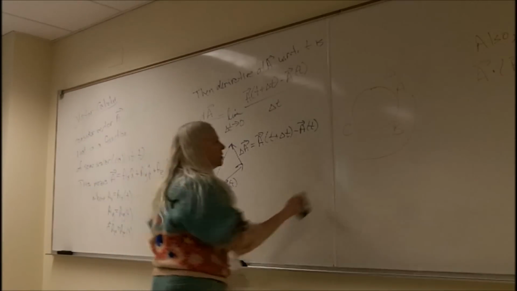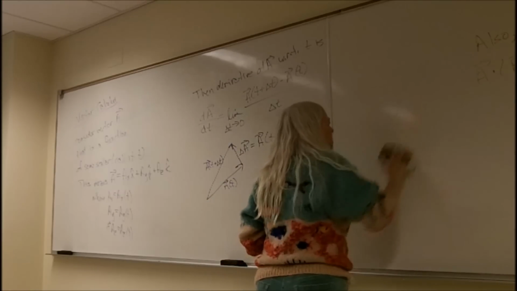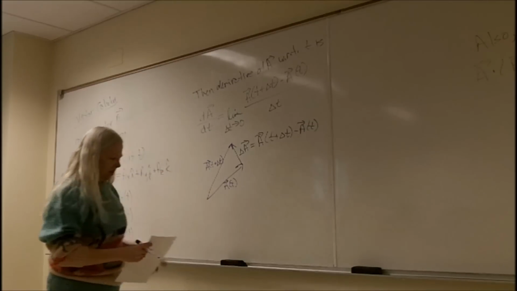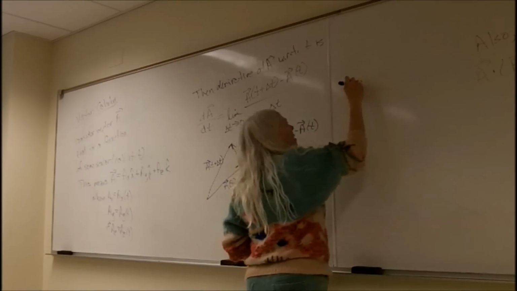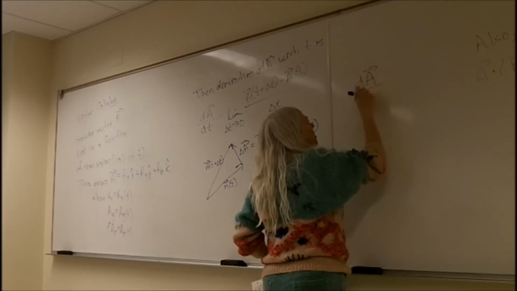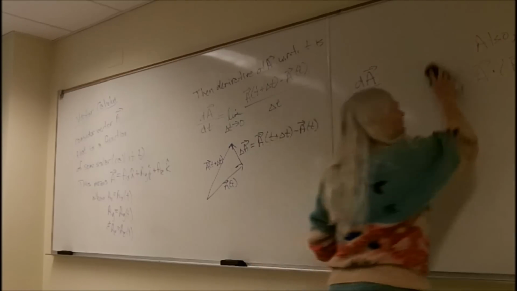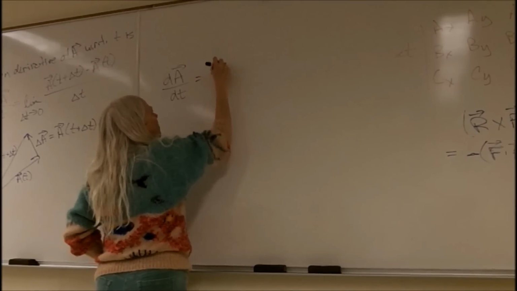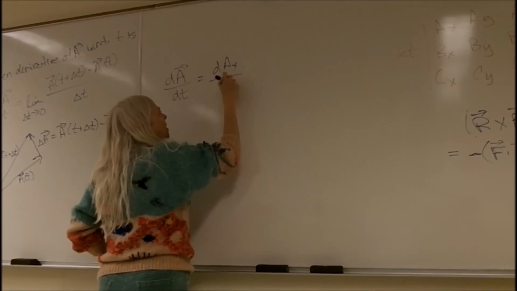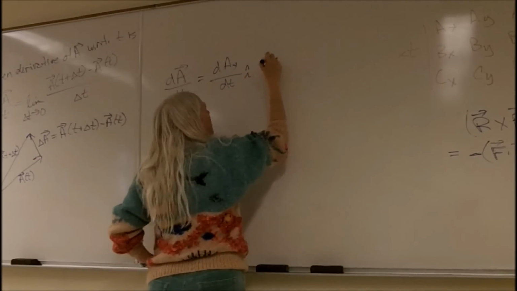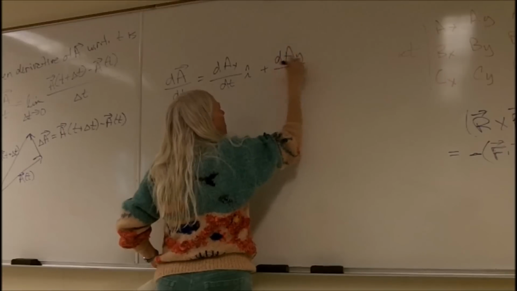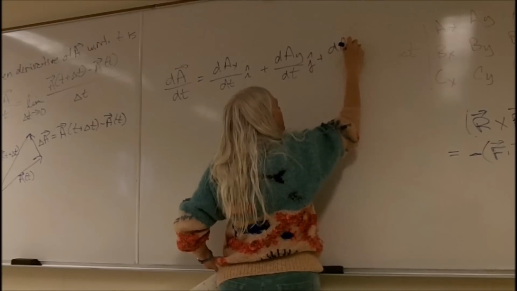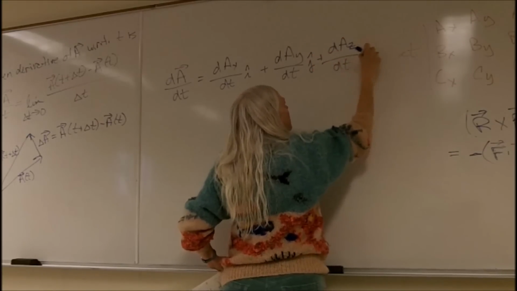When we have a vector A of t written in terms of components, a sub x times i hat plus a sub y times j hat plus a sub z times k hat, the derivative of A with respect to t will then be the derivative of a sub x with respect to t times i hat plus the derivative of a sub y with respect to t times j hat plus the derivative of a sub z with respect to t times k hat.